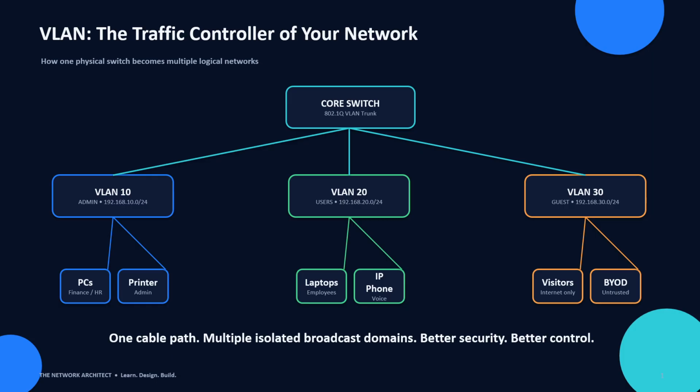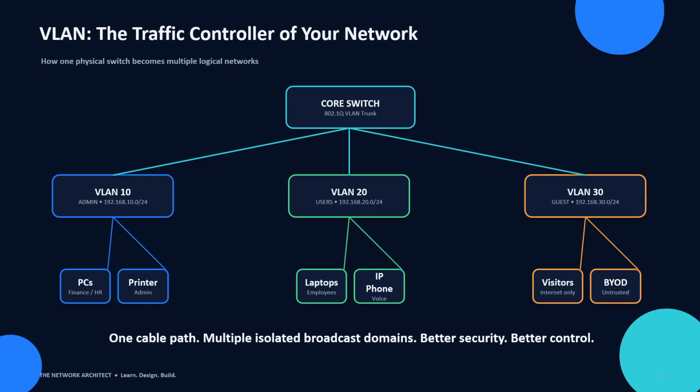The easiest way to understand a VLAN is to imagine one physical switch. Suppose this is a company network and we have one physical switch, but different types of users and devices are connected to it.